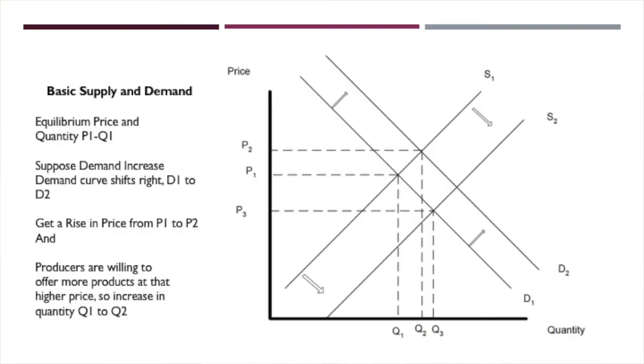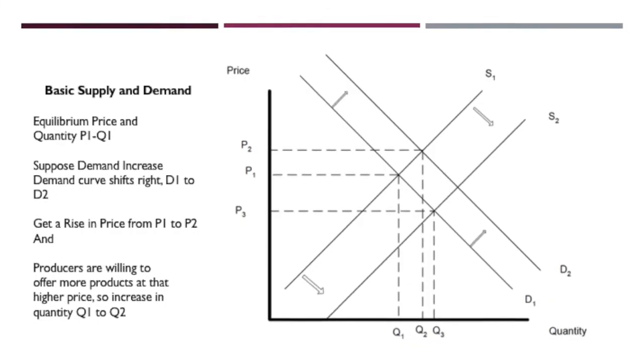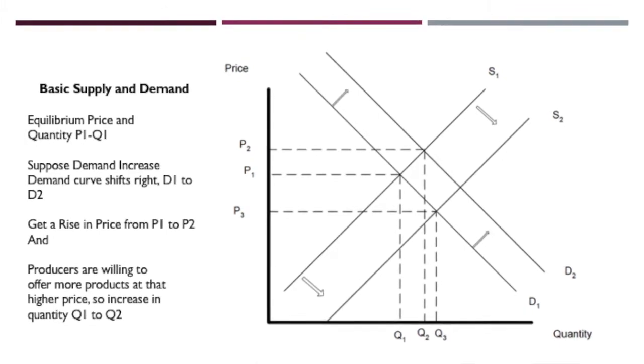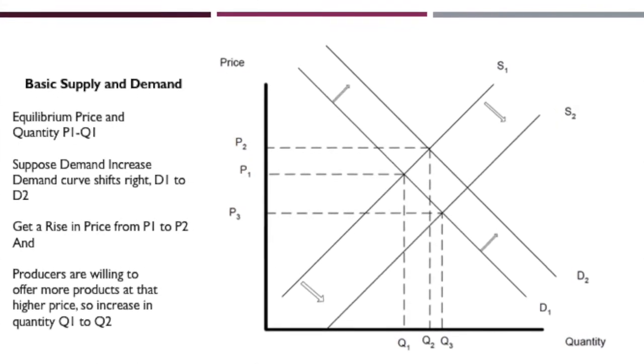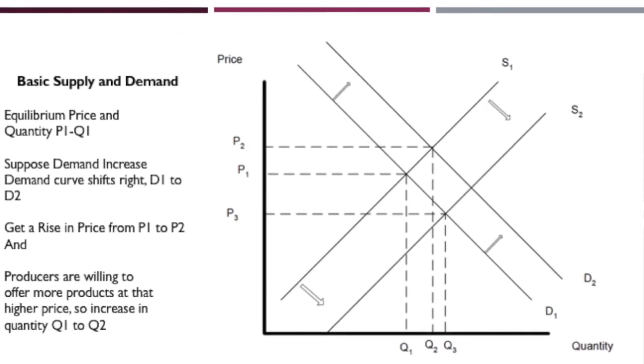But what I really want to do is use this very simple supply and demand diagram to begin a discussion that we will then build upon to show the distributional consequences of the imposition, for example, of a tariff. But for now, focus on the supply and demand curve, the upward sloping supply curve, S1 in this diagram, and the downward sloping demand curve, D1 in this diagram.